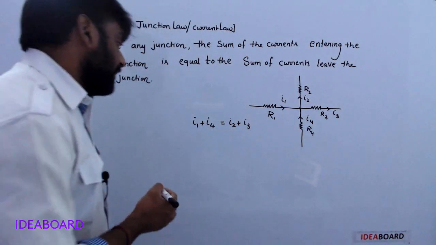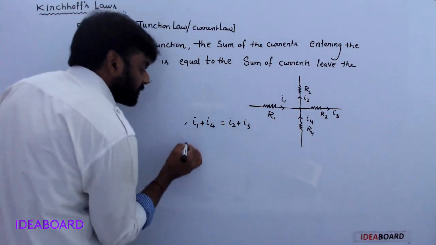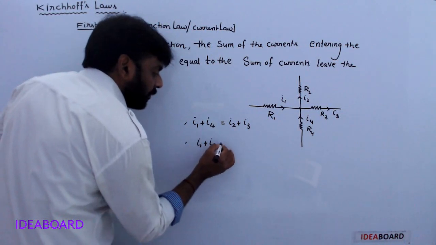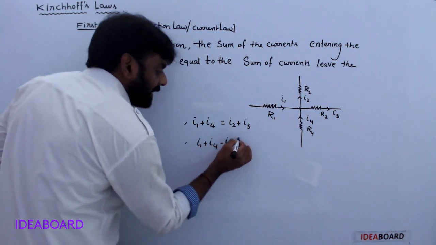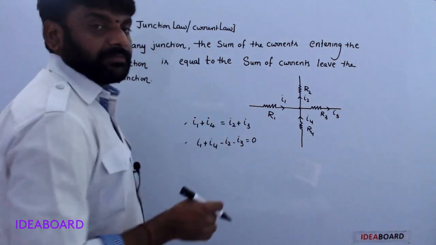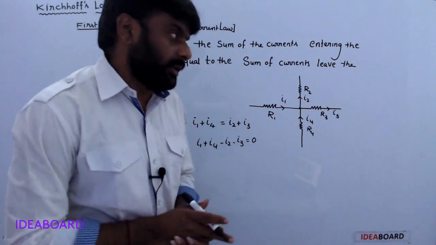I1 plus I4 is equal to I2 plus I3. It can also be written as I1 plus I4 minus I2 minus I3 equals 0.